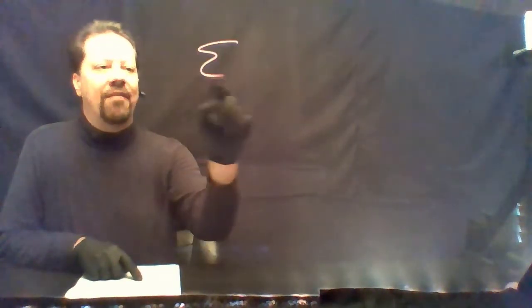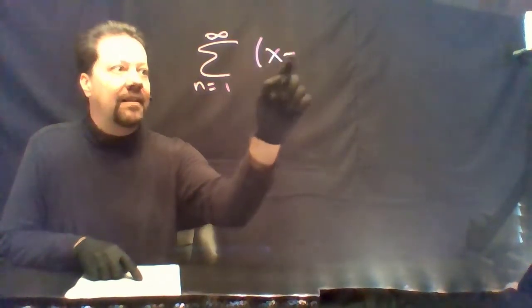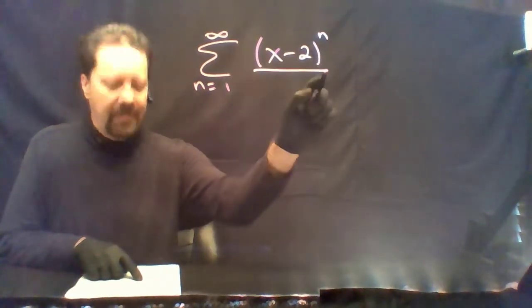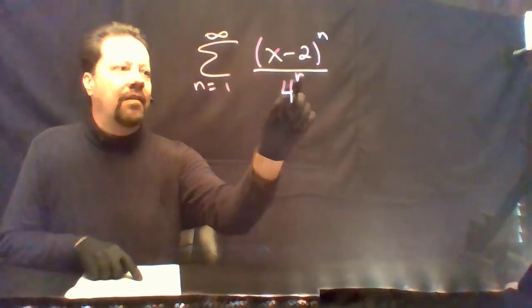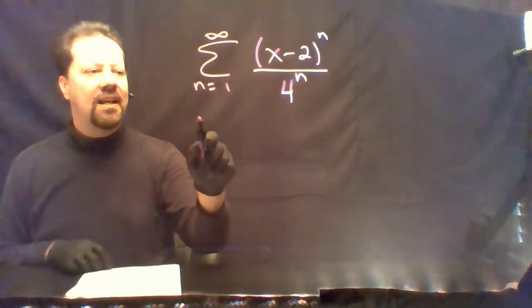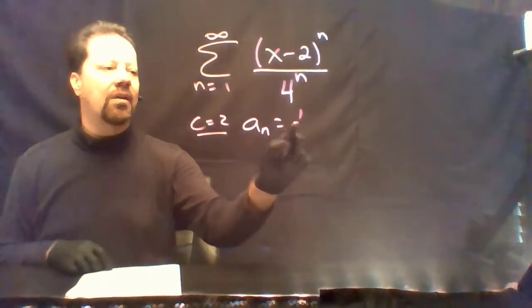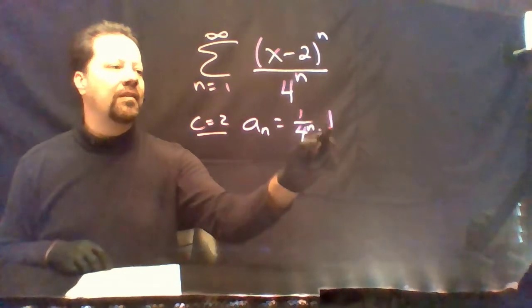On the next problem, we have the sum as n goes from 1 to infinity of (x minus 2)^n divided by 4^n. In this case, the center is 2, and the coefficients are 1 over 4^n.